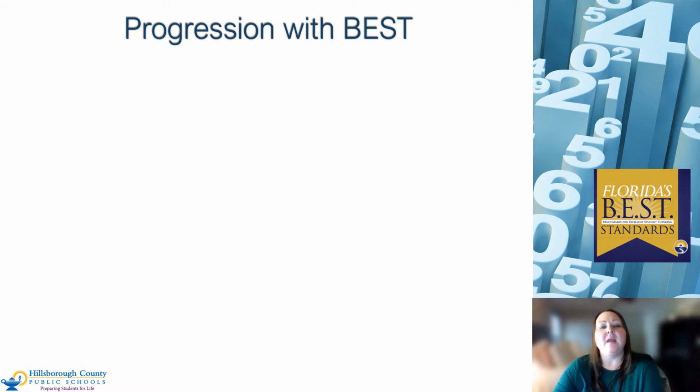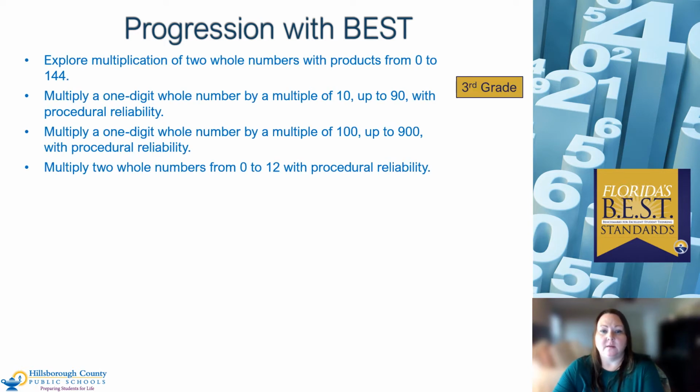Welcome back. Now that you've done the task, we're going to look at the progression within BEST for multiplication strategies. In 3rd grade, we're exploring multiplication of two whole numbers with products from 0 to 144. We're multiplying one-digit whole numbers by multiples of 10 up to 90, and also multiples of 100 up to 900 with procedural reliability.